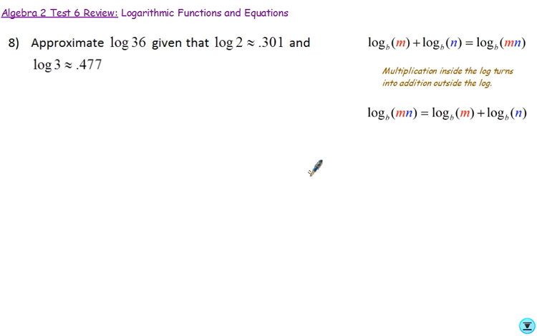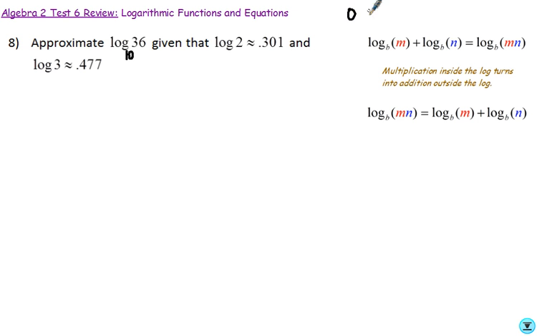By the way, you notice there's no base. It just says log 36. What ends up happening is that by default, if you don't see a base, it's base 10. And that's a common logarithm. So we have a base 10 number system, meaning that there's 10 characters in our math alphabet, right?